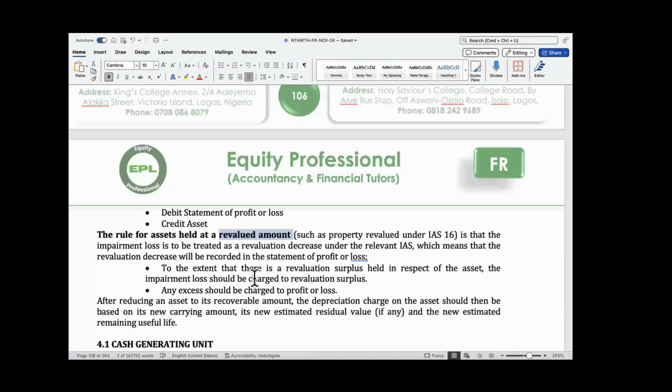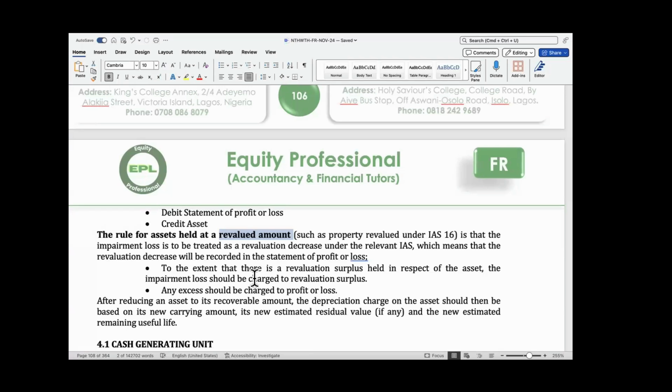So you won't take impairment loss to P&L as long as there is a previous revaluation surplus on the same asset. If there is a previous revaluation surplus, you take that impairment loss to that surplus in OCI.